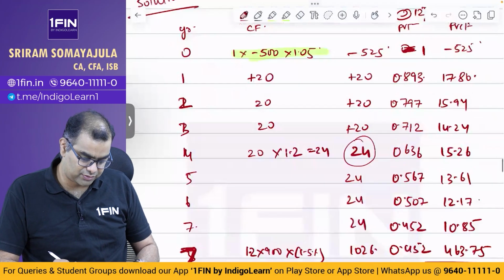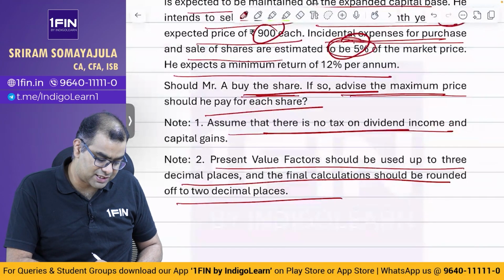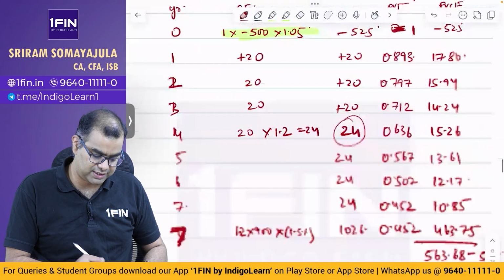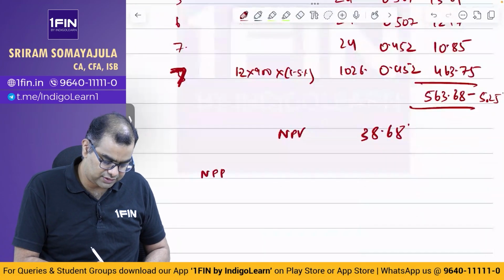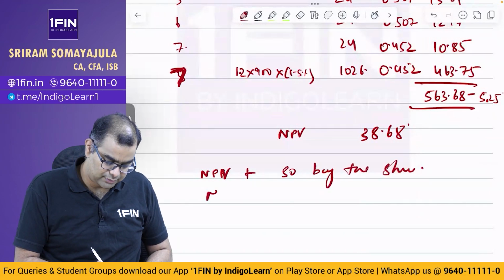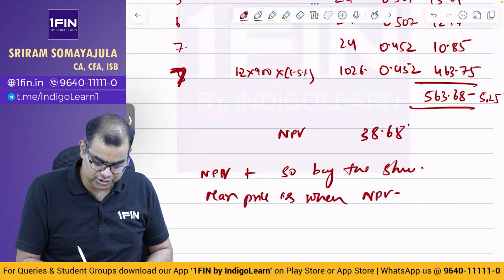Now, what is the specific question that they asked? Assume there is no tax on dividend. Should he buy the share? If so, advise the maximum price. Yes, NPV is positive, so buy the share. Max price is when NPV is equal to 0.